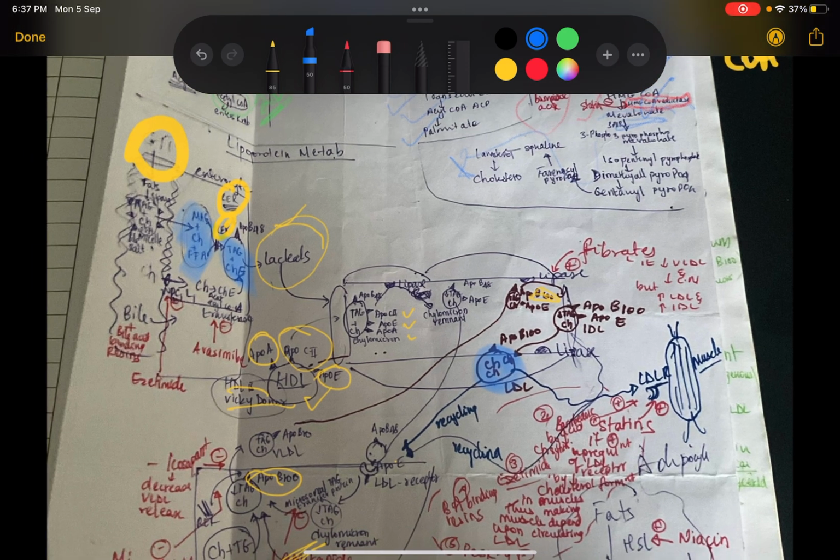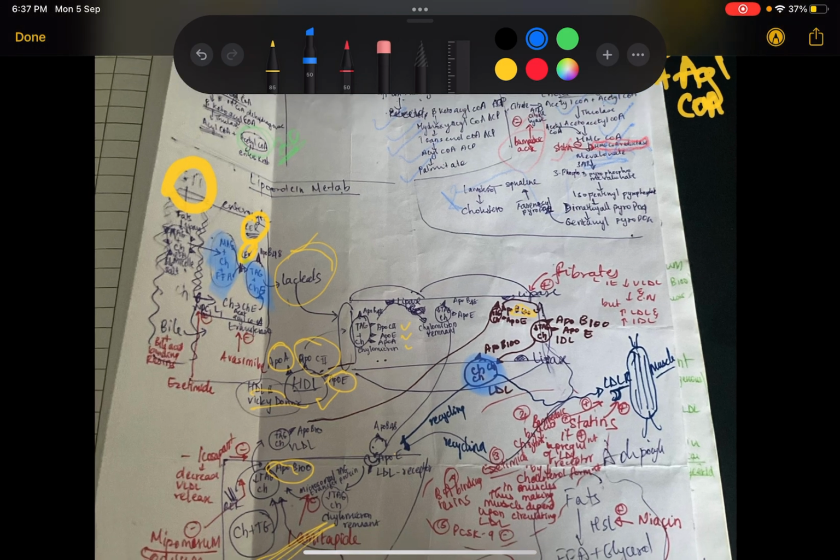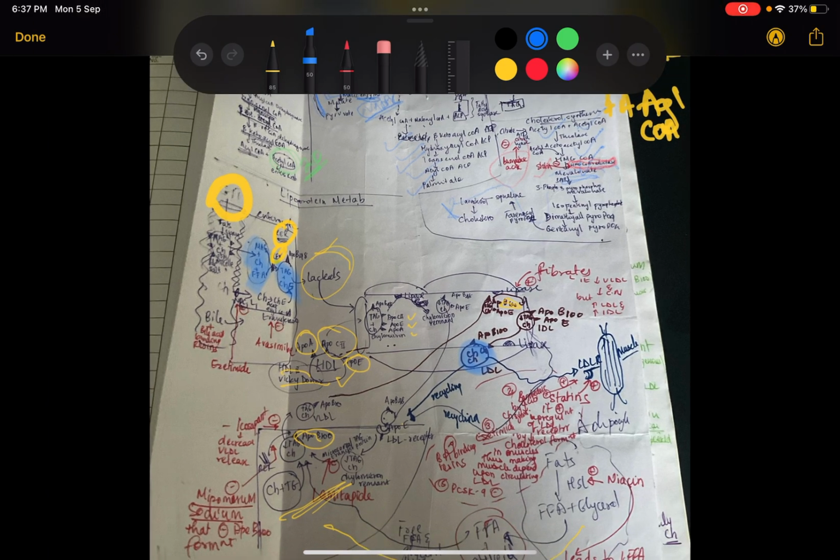There's going to be an increase in triglycerides, but more than that, there's going to be an increase in cholesterol. End of story. So that's what I'm saying, your different lipoproteins have different contents, and by virtue of the contents, we can remember what treatment we should start. And we'll get into the treatment in the next lecture.